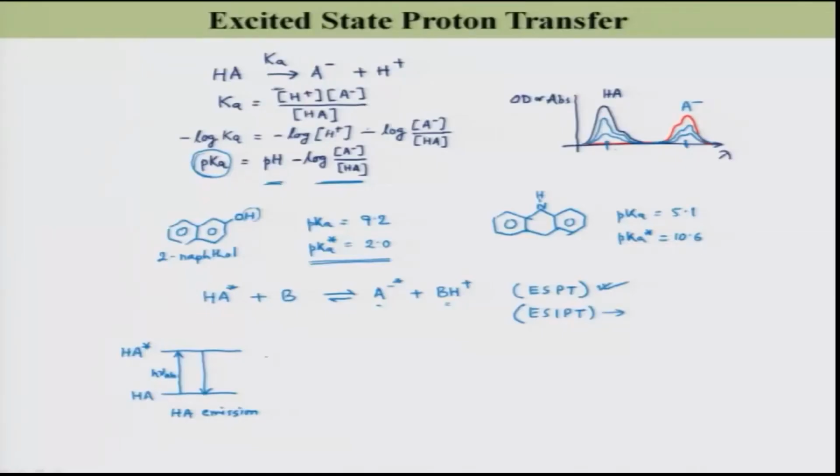Typically, if you dissolve it in water, the water will form H3O plus, the conjugate acid of water. In that case, HA star will be able to donate its proton to form A minus. If I now draw this A minus, this is my A minus energy state, here is the ground state, here is A minus star.